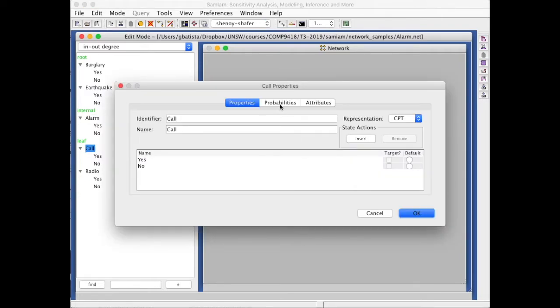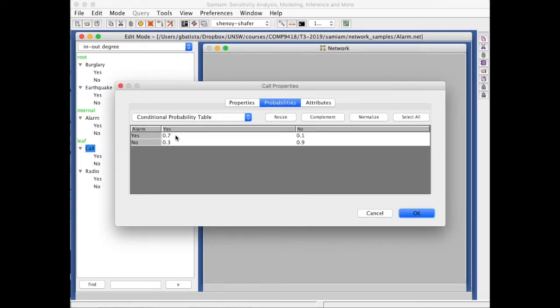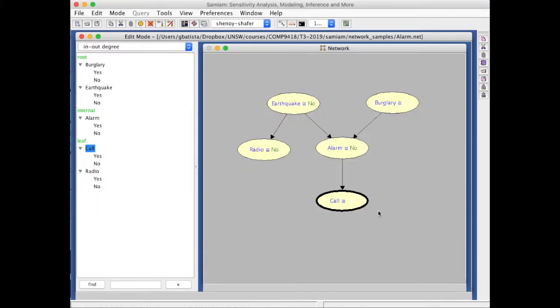And for call, we have 0.7 of receiving a call from our neighbor in the case the alarm is triggered, and it's not higher than that, maybe because the neighbor may not be at home all the time. So if it's triggered, we have 0.7 chance of receiving a call, and maybe a 0.1 chance of receiving a call in the case the alarm is not triggered, because the neighbor wants to invite us to something or just talk or something like this.